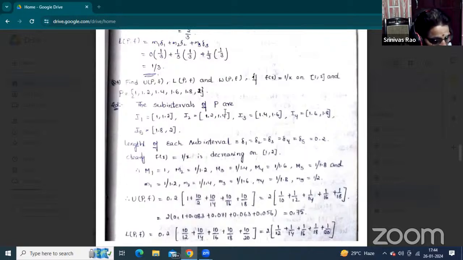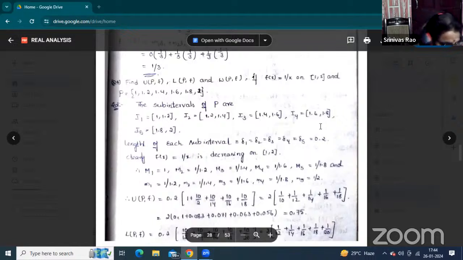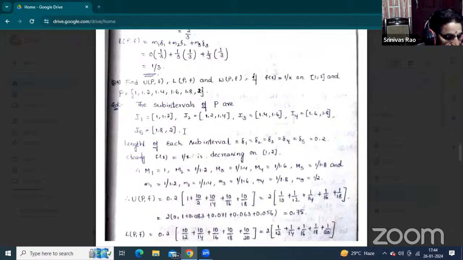Then I3 is 1.4 plus 0.2, that is 1.6. That is the third subinterval. The fourth subinterval is 1.6 and 1.8. And the last subinterval, the fifth one, is 1.8 plus 0.2, and we get the value 2.0. So the final point is also given.